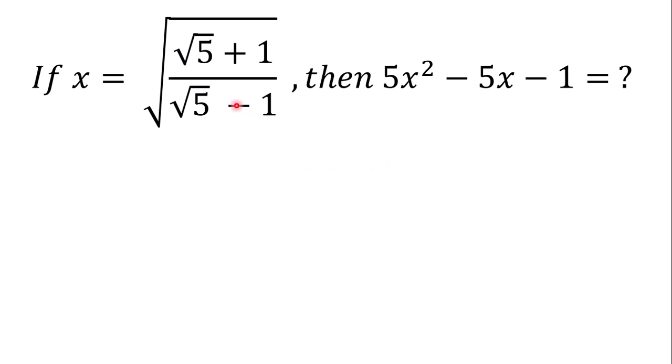So if x is equal to this one, then x is squared and multiplied by 5, subtract 5x from it, and then also subtract 1 from it. What are you going to get at the end of the day? So it's just a matter of putting this one into this expression here, and then finding your value at the end of the day.